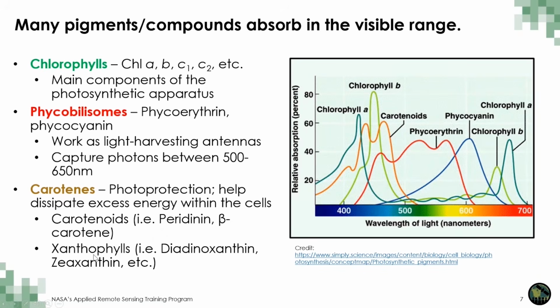And there are xanthophylls like diatoxanthin and zeaxanthin, which also help in photoprotection. So you see here in the graph where most of these pigments typically absorb in the visible range, and this is going to be key eventually for translating this information into the hyperspectral data when it's collected by different sensors.